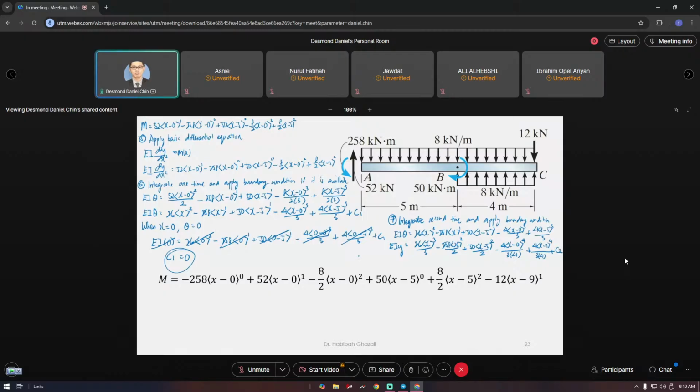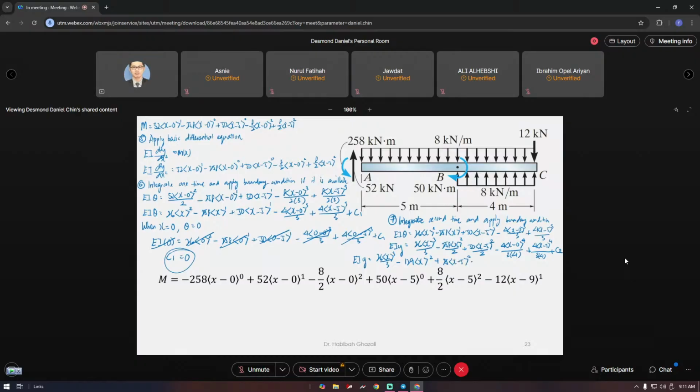So EI y, I need to simplify it. So 26x cubed divided by 3, because it will be an improper fraction anyway. 258 divided by 2, you will get 129. So 129 x squared, plus 50 divided by 2, you will get 25, x minus 5 squared.